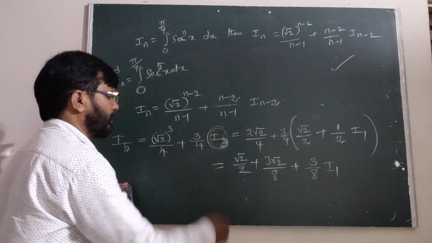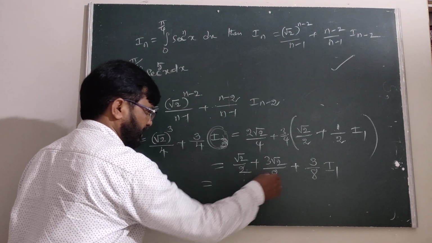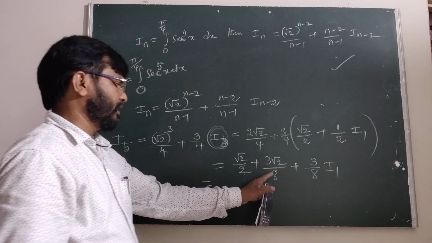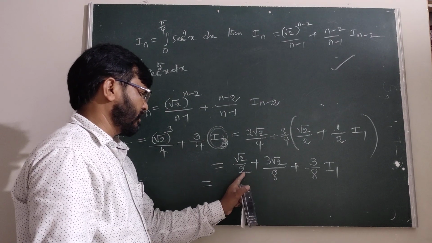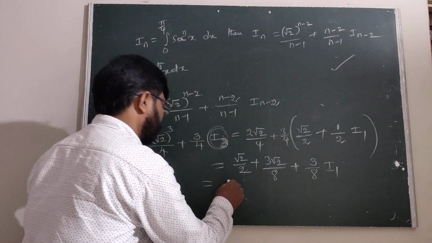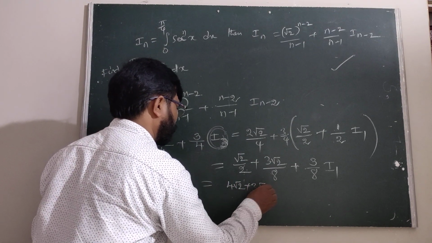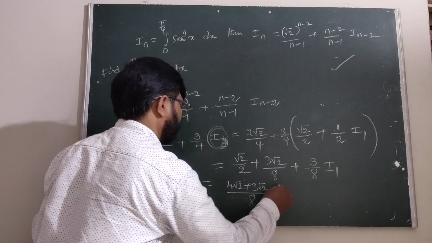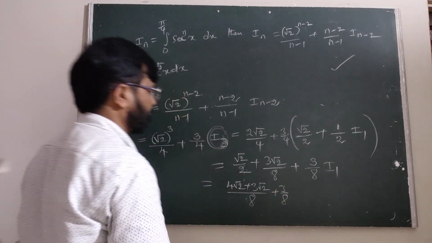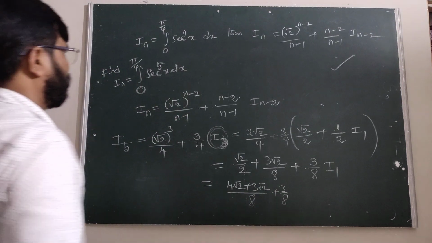So now taking the LCM, which is 8, 4 root 2 plus 3 root 2 by 8, plus 3 by 8 I1.